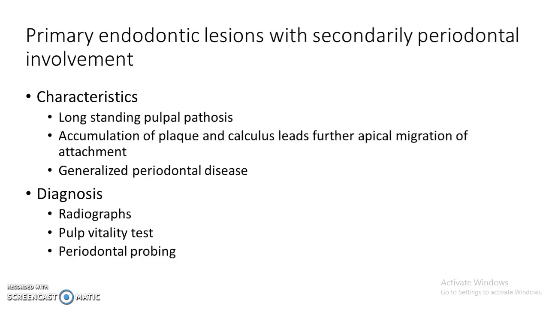Primary endodontic lesion with secondary periodontal involvement. The characteristics: long-standing pulpal pathosis, accumulation of plaque and calculus leads to further apical migration of attachment, and generalized periodontal disease.